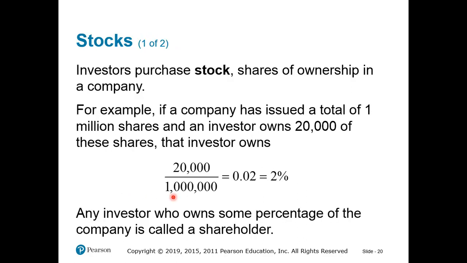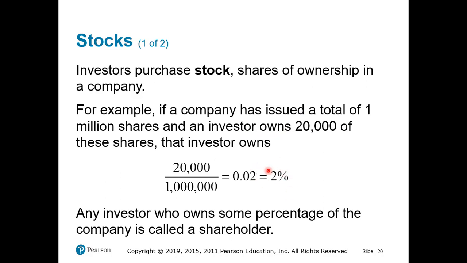Now, investors purchase stock, and stock is ownership in a company. They're shares. So when you buy a stock share, you're buying a piece of ownership in the company. So for example, if a company has issued a total of 1 million shares and an investor owns 20,000 of those shares, then he is a 2% owner in the company.